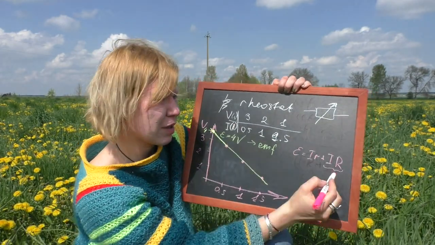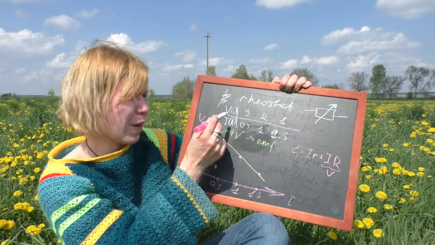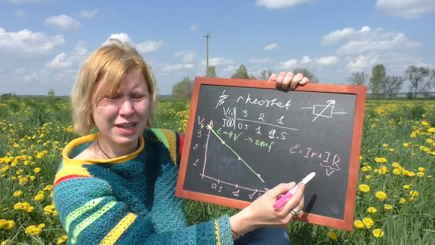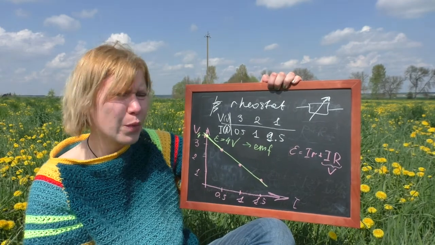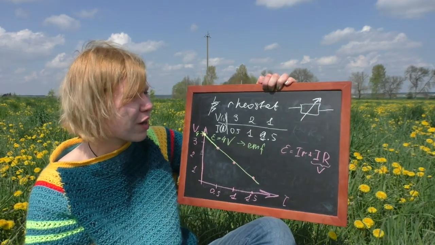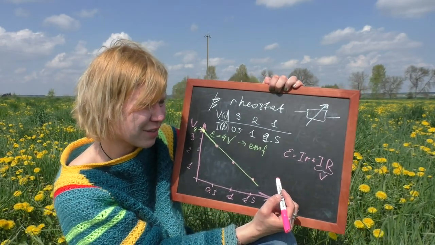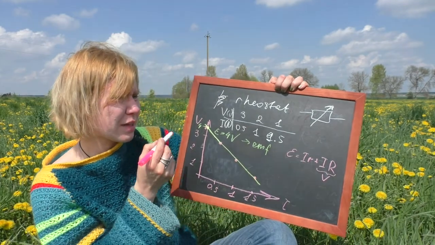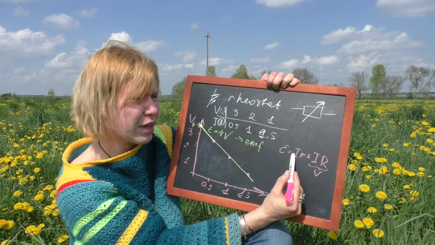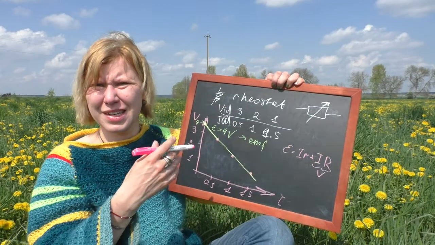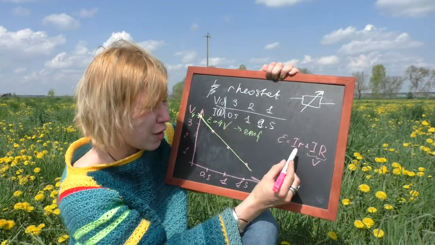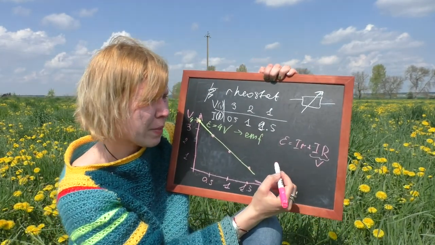You can see that we can have a formula for a linear graph, and we can provide the dependency of V that depends on current I.